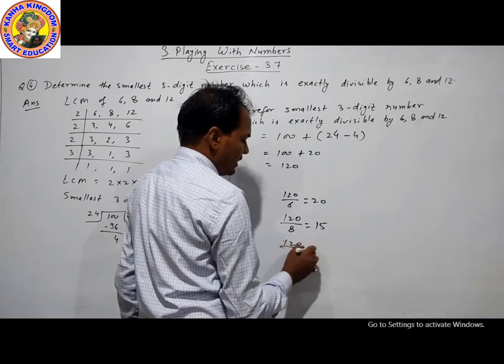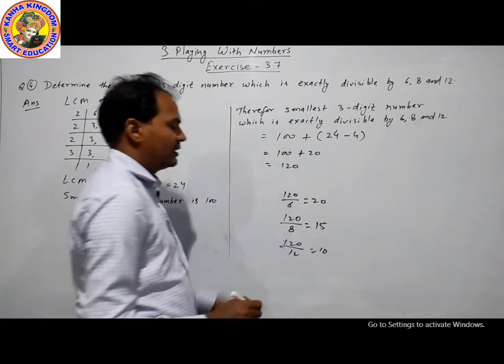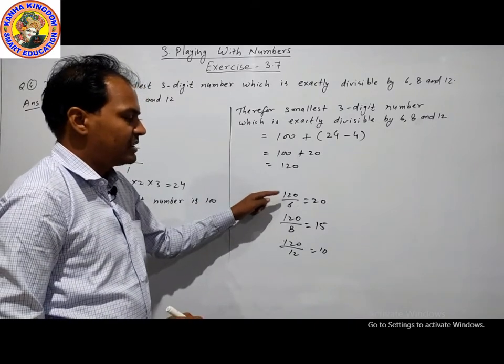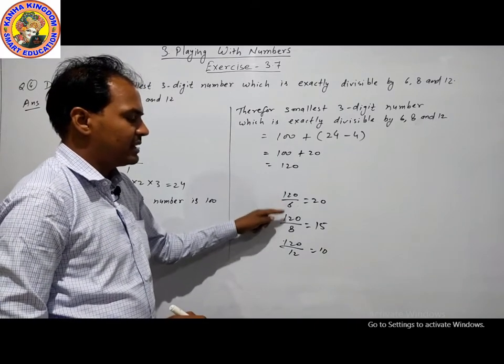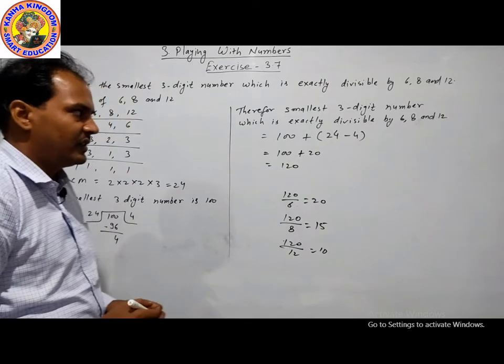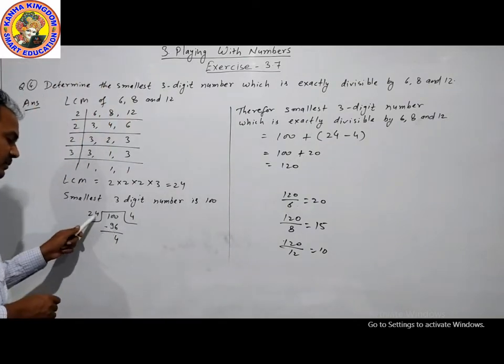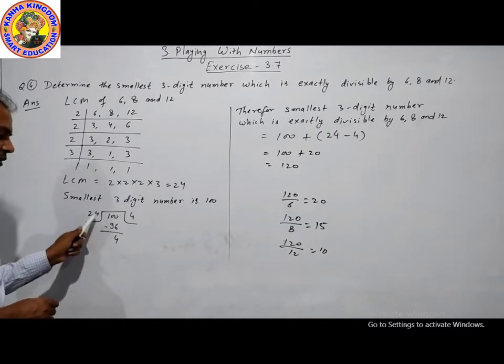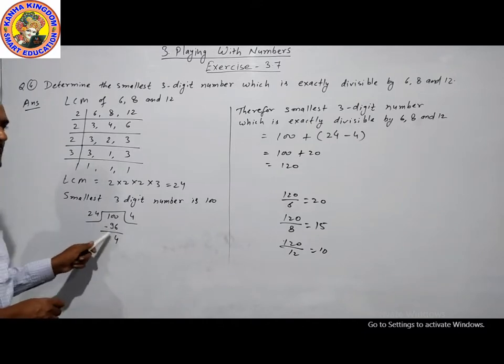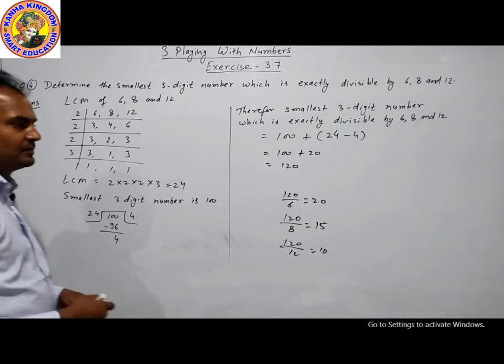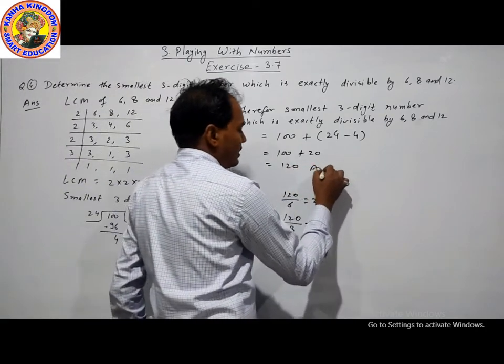When dividing by 12, 10 times. The 120 is exactly divisible by 6, 8 and 12. This is our smallest number. If we add 96 plus 24, the answer is 120. This is our final answer.